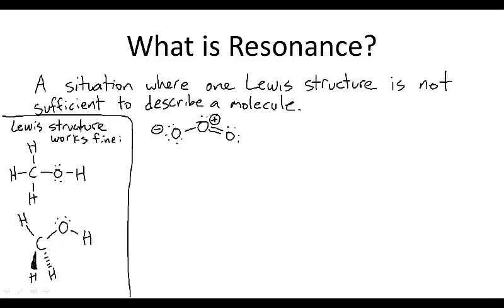And the reason is, if I draw this Lewis structure for ozone, it makes me think that, okay, ozone molecules have a single bond and a double bond. They have a positive oxygen in the middle, a negative oxygen on one side, and a neutral oxygen on the other side. The problem is when you look at the actual structure of ozone, that's not what you see.